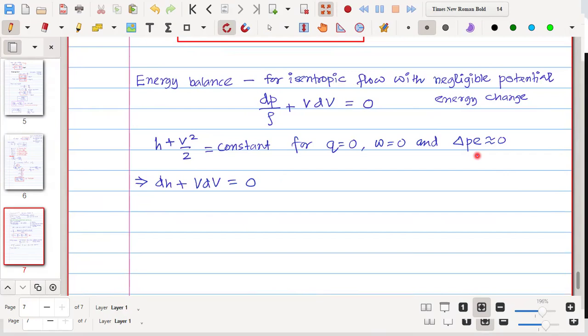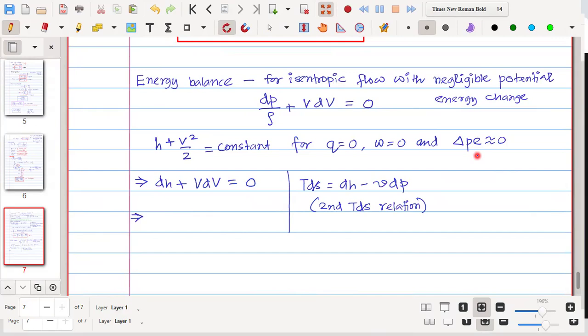Okay. Next, from the TdS relation, we know, what is that TdS relation? TdS is equal to dh minus VdP, that we know. Second TdS relation. So therefore, dh is equal to TdS minus VdP.